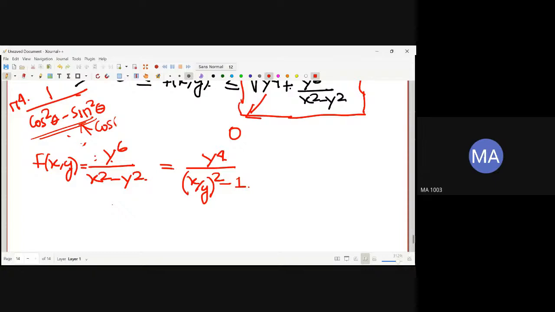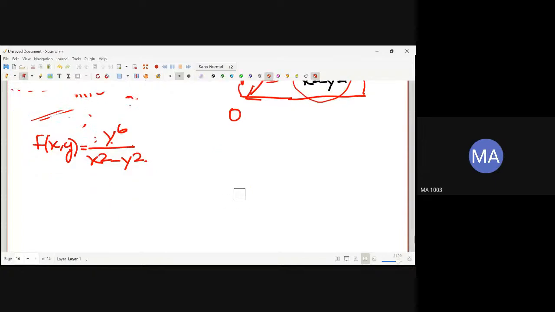And again, here also I have to deal with this one. Dealing with this one is easy, it's just y power 4. But this one I'm not sure how to tackle. I don't think it will work.